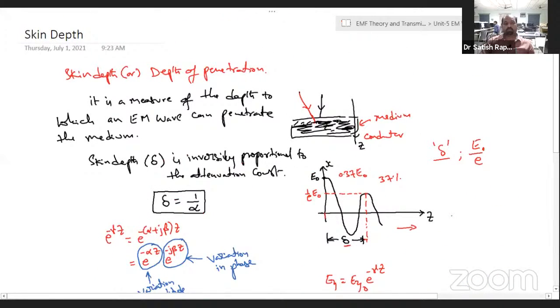Skin depth is 0 in the sense that the wave does not penetrate into the conducting media. The wave lies on the surface of the conducting media, and the wave inside a conductor does not exist. That is a very important point. So that is about skin depth.